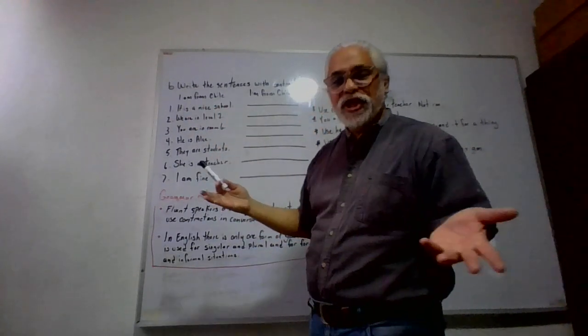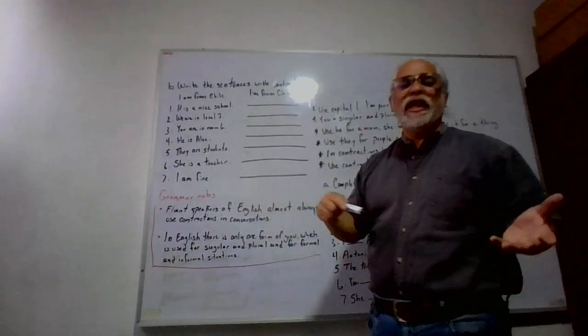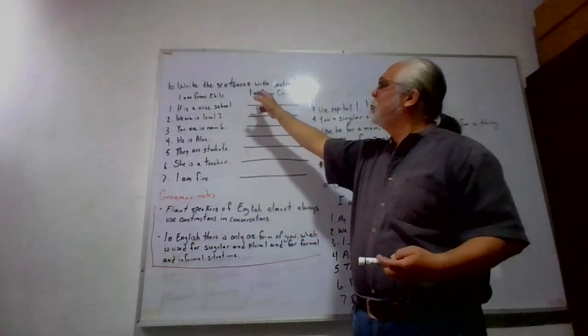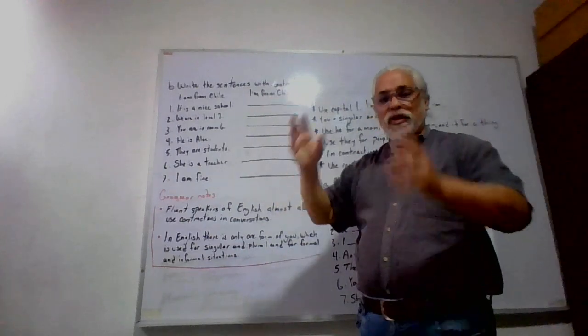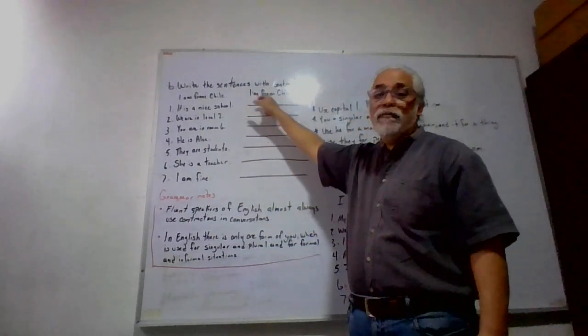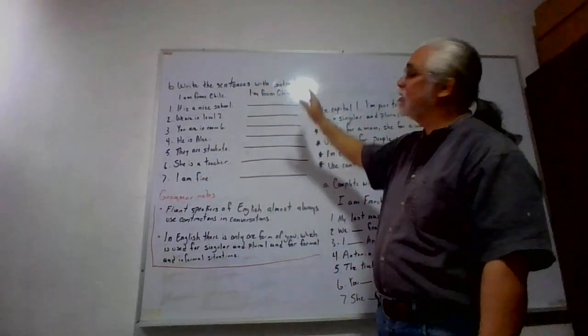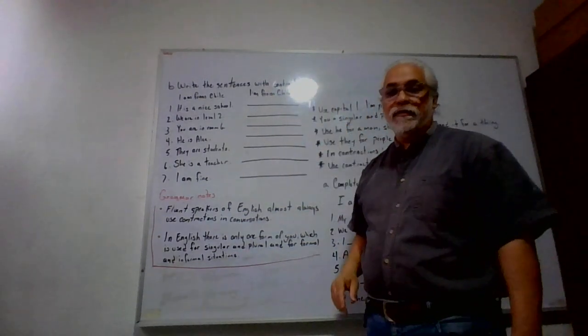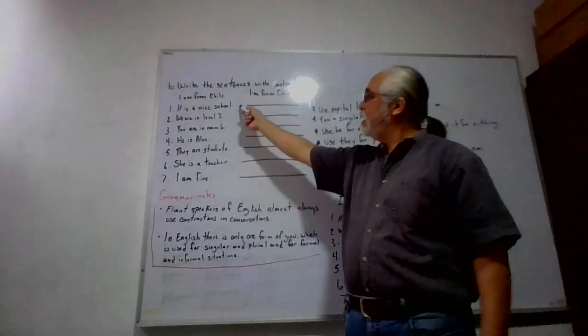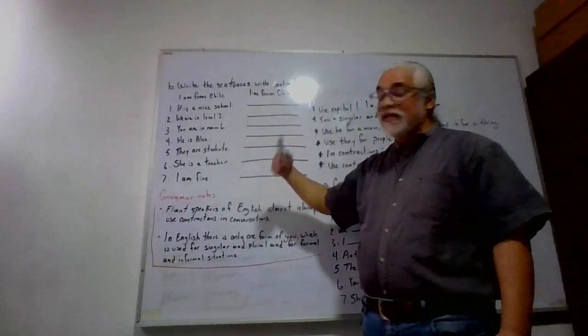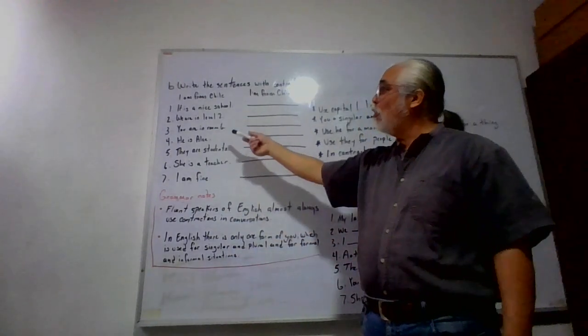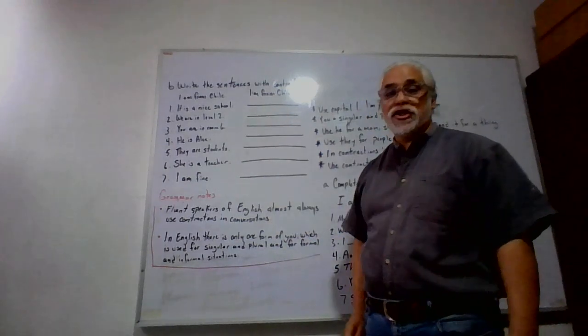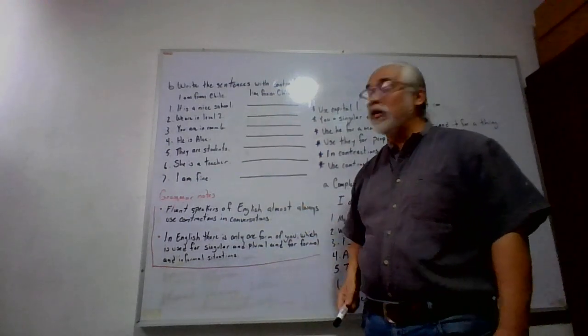And how would we change that to make it into a contraction? We would take the am and the I, put it together, and say I'm from Chile. I'm from Chile, period. Okay? And you're going to take these 7 sentences that are in full form, and you're going to change them into contractions. And that will be the second part of your homework.